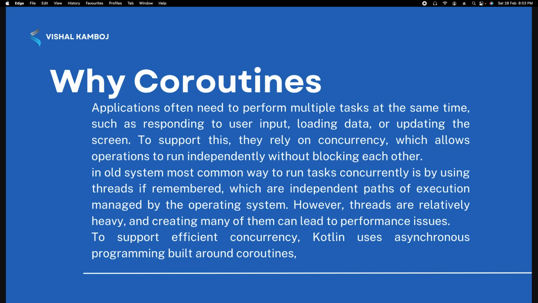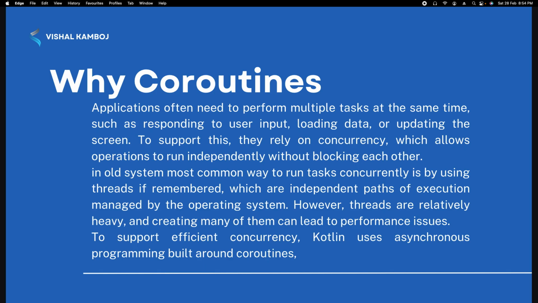As we know, applications often need to perform multiple tasks at the same time, such as responding to user input, loading data, and updating the screens. A lot of things happen whenever you're creating an app. For that, we need an approach which is independent of execution and managed by the operating system.